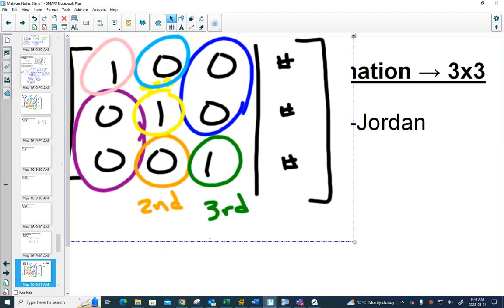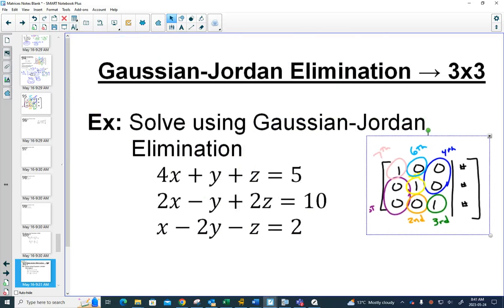There we go, nice and big. Just keep that off to the side as a remembrance of what our steps are.